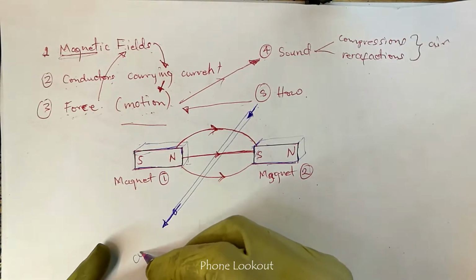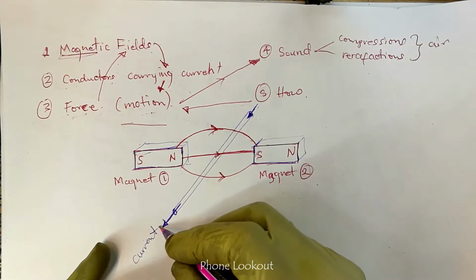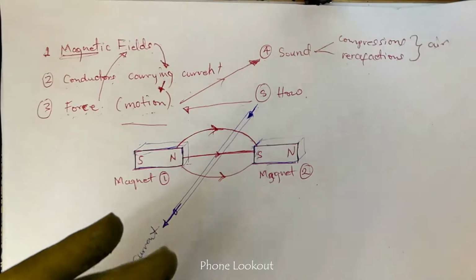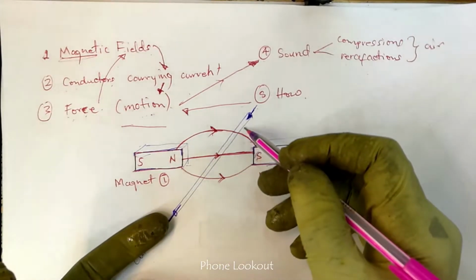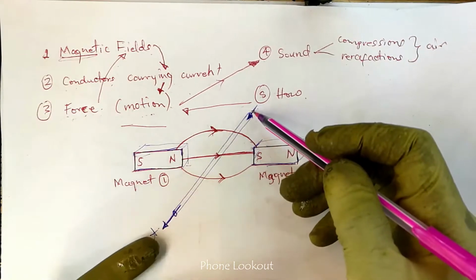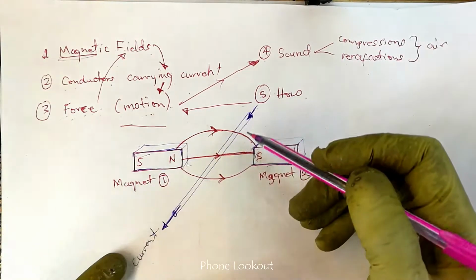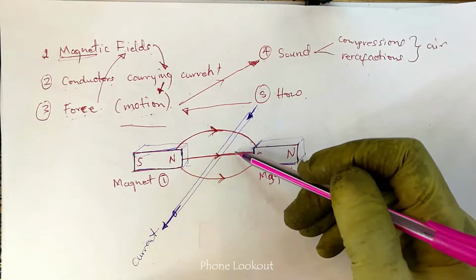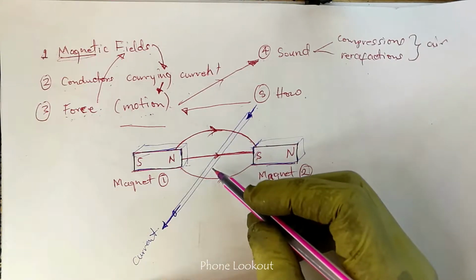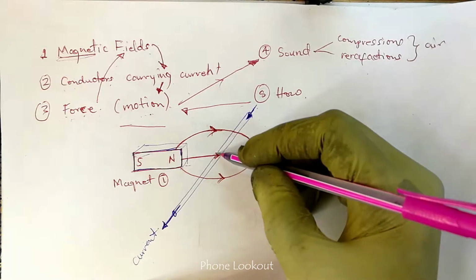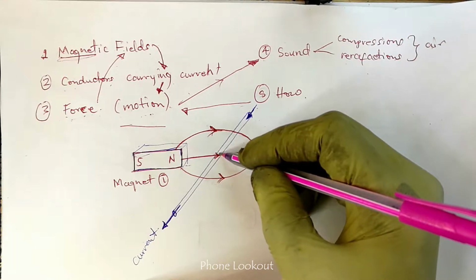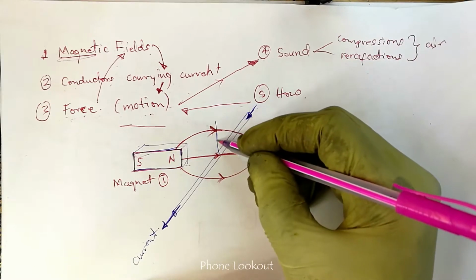That's current, right? So if this conductor were in this field and then we put a voltage across and current flowed through it in that direction, this conductor would experience a force on it, so it would be pushed upward.